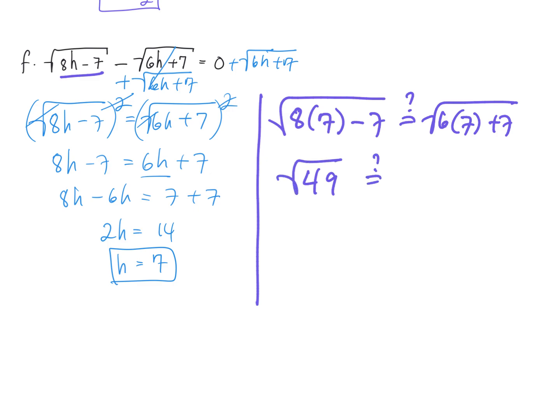Here, 6 times 7 is 42, and 42 plus 7 is 49. So 7 is equal to 7. Therefore, our answer is correct.